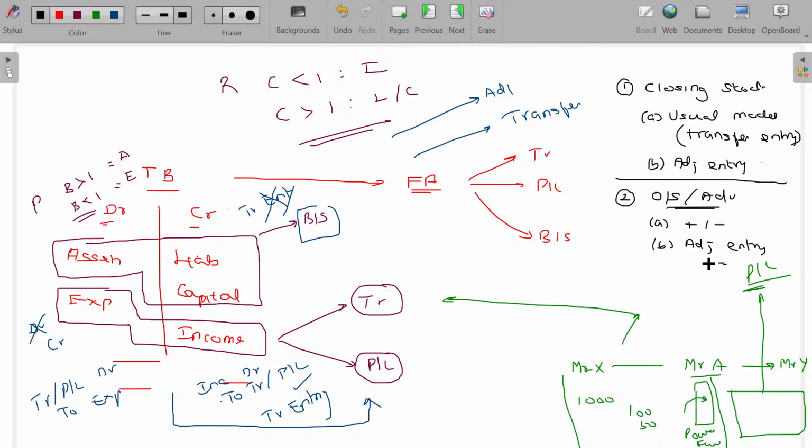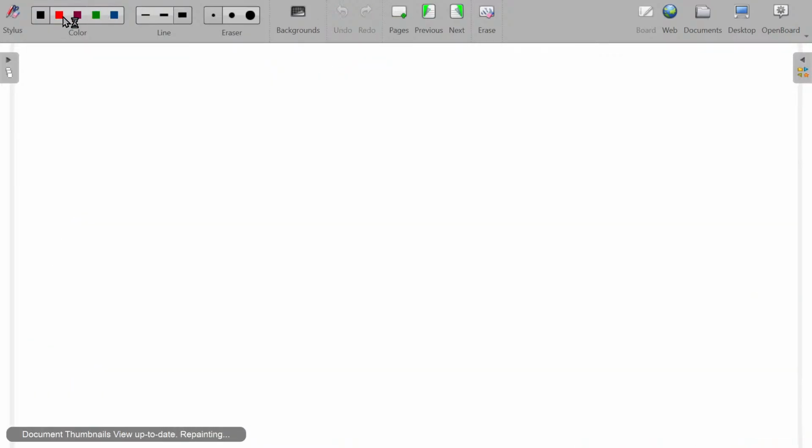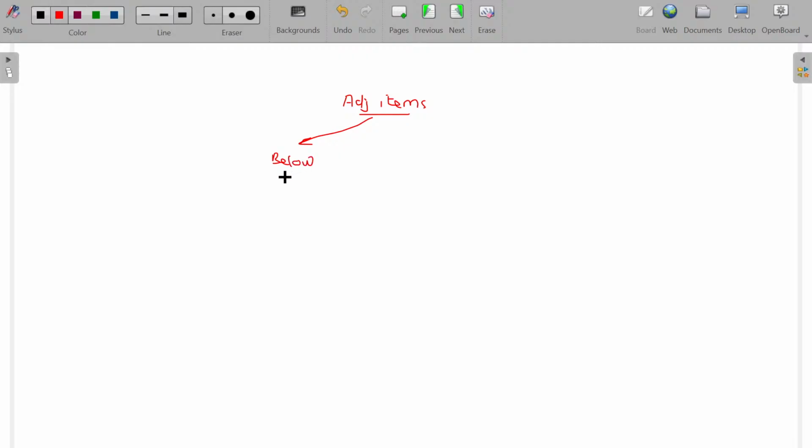You have to understand that these adjusting items may appear below the trial balance or inside the trial balance.